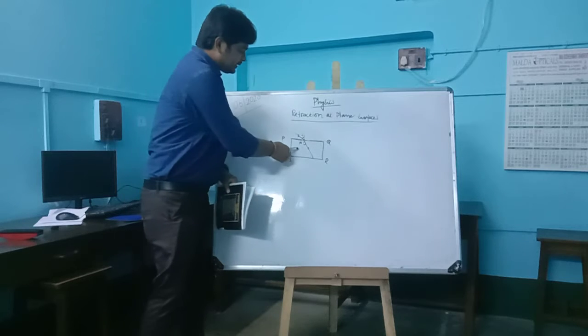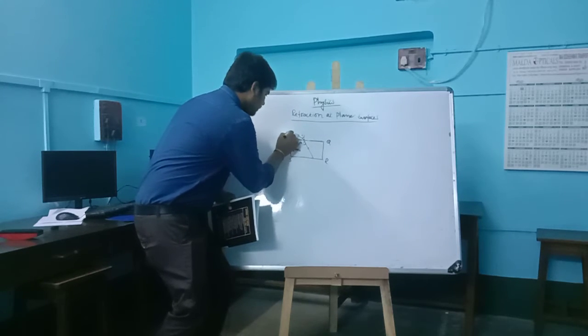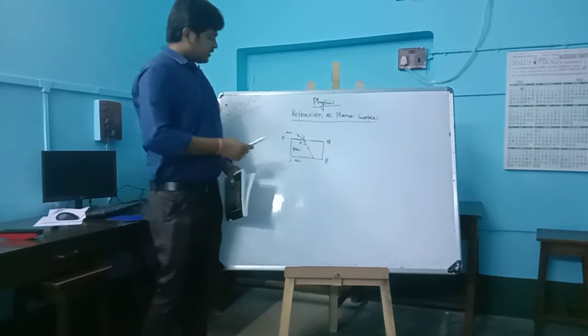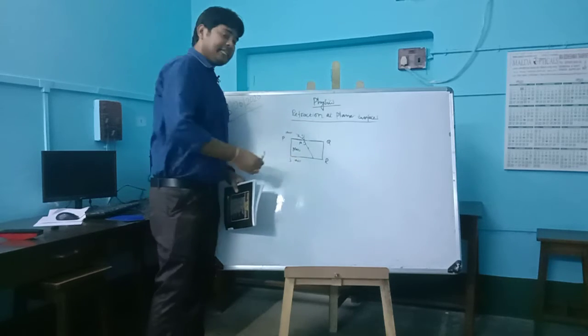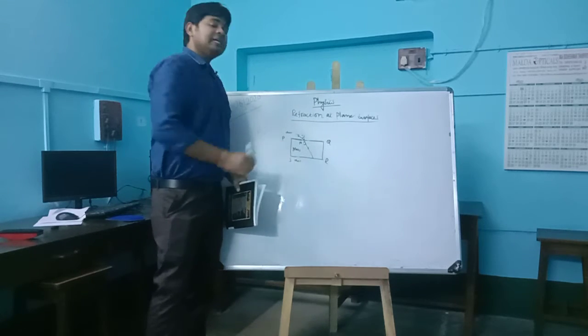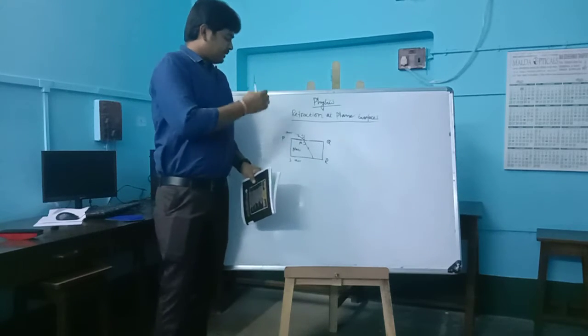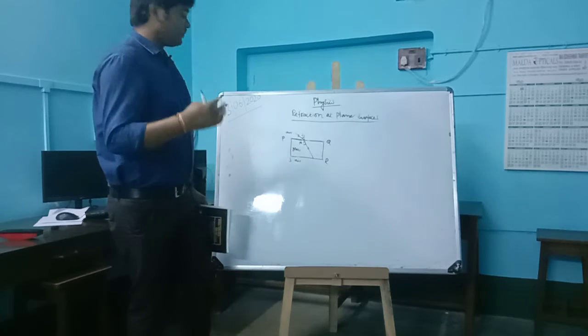Look here, this is glass, and this is air, this is also air. Now the light rays are coming out from glass to air, that is from a denser medium to a rarer medium. If the light rays are coming out from a denser to a rarer medium, they will move away from the normal.